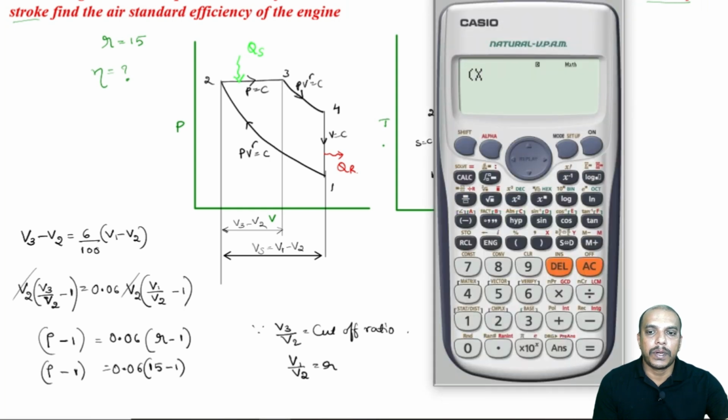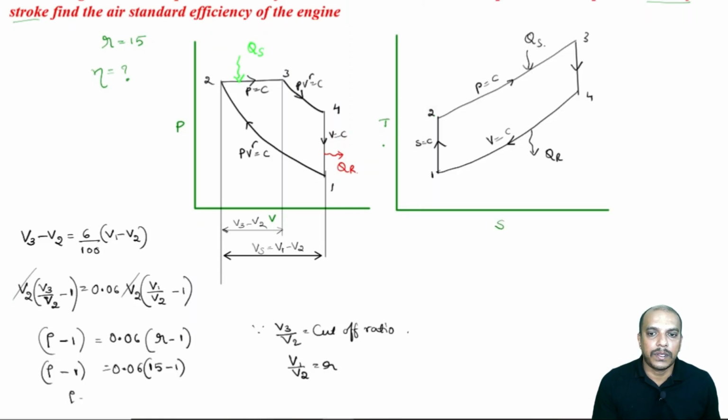I will keep rho as the unknown x minus 1 equals 0.06 into 15 minus 1. Shift solve for x, and that will be 1.84. The value of the cutoff ratio is 1.84.